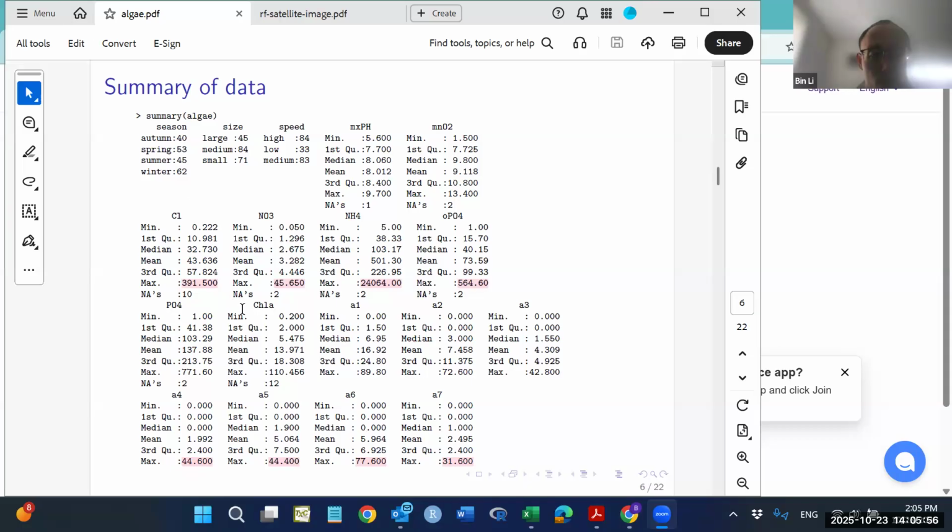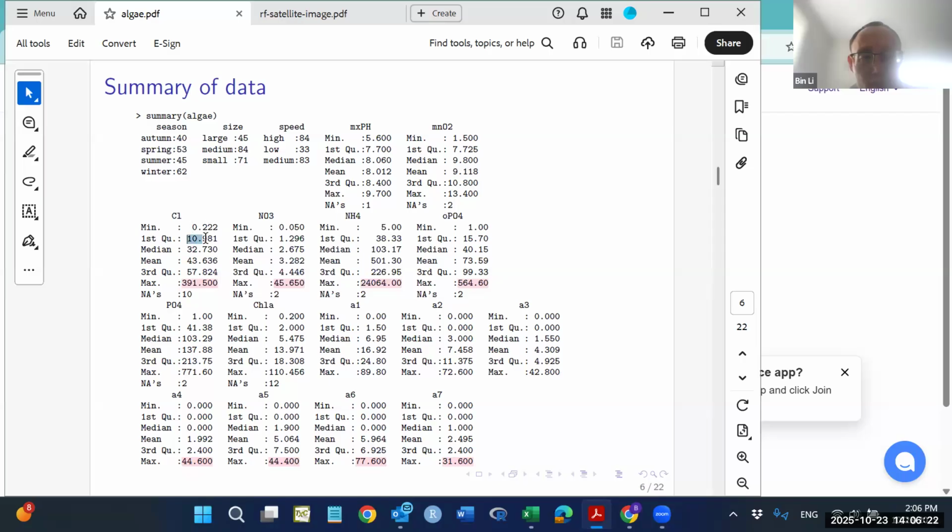Okay, and this is the summary statistics. In the summary statistics, you can see that some of these X variables, predictors, are very skewed, actually right skewed. So you can see here, for example for CL, the minimum is 0.22.